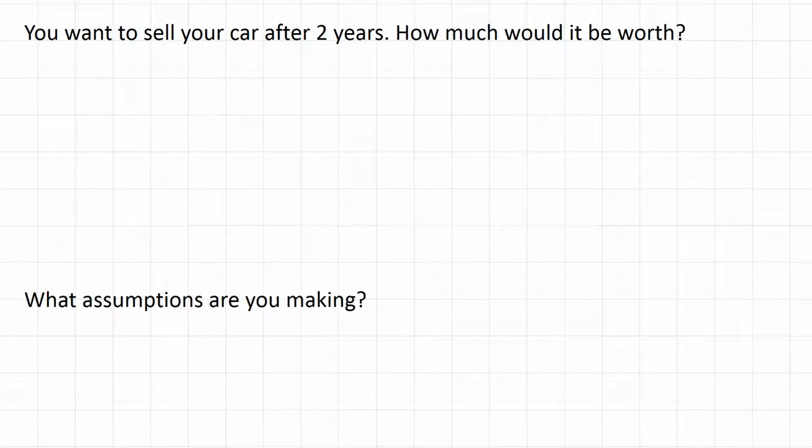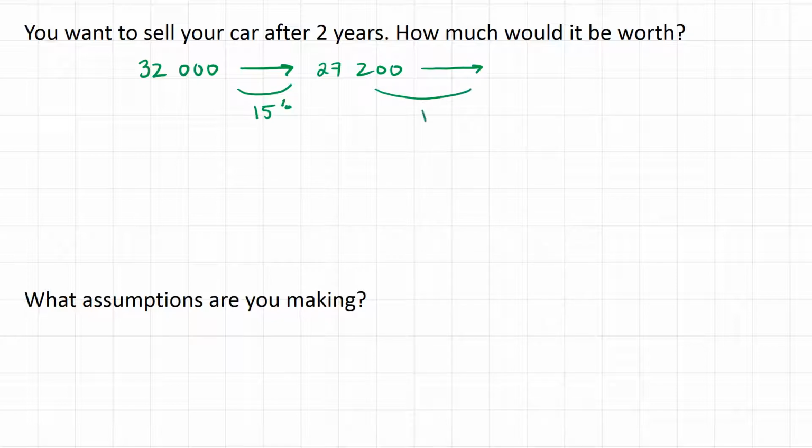So what if we wanted to take that same car and you want to sell it after 2 years? How much would it be worth? Well, we've done the first calculation after 1 year, so it went from $32,000 new, and after 1 year it was worth $27,200, and then now we are going to do it again. So it's going to go down by 15% the first year and down by 15% again. So we want to calculate what is 15% of $27,200.